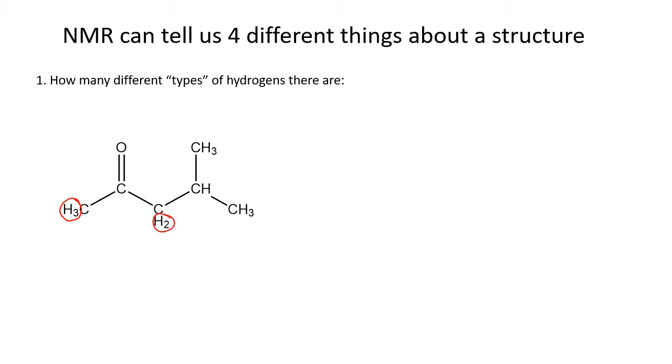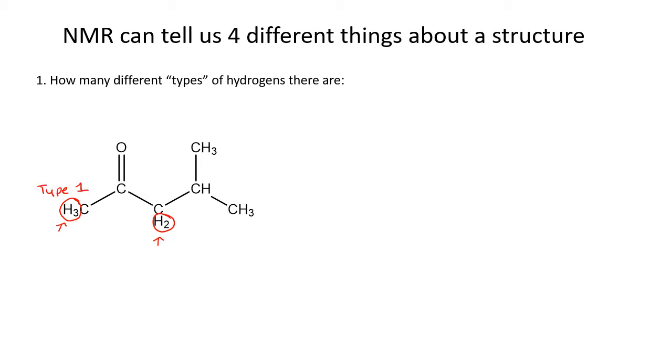These 2, even though they're connected to a carbon that is connected to a C with a double bond to an O, they're also connected to another carbon that has a single H. So these guys are different than these ones. They have a slightly different description. So we'll go ahead and call these type 1.